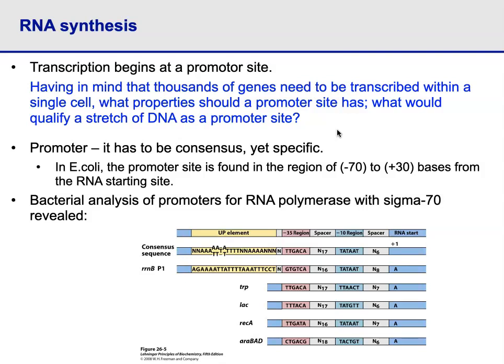How can the body or the cell distinguish which genes are supposed to be expressed now, which genes later? Which gene should be expressed in a neuron, liver cell, muscle cell, skin cell, hair follicle? How can the body determine what's to be expressed and what's not to be expressed?